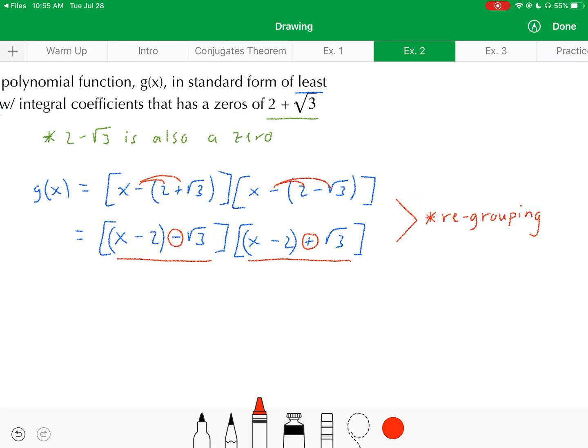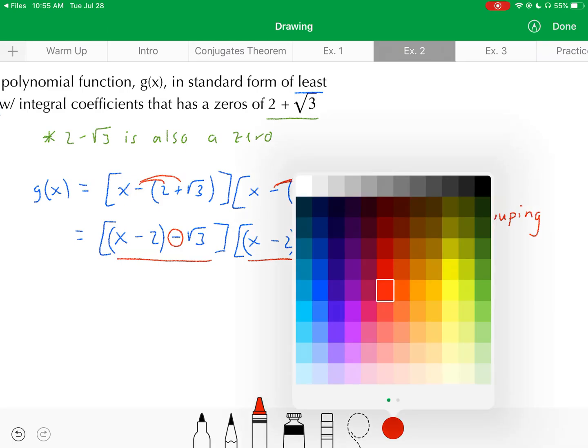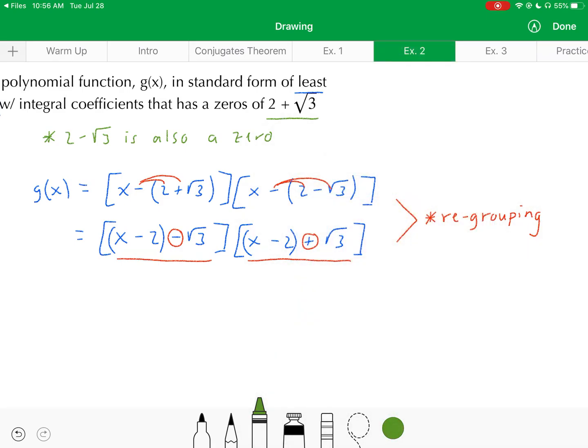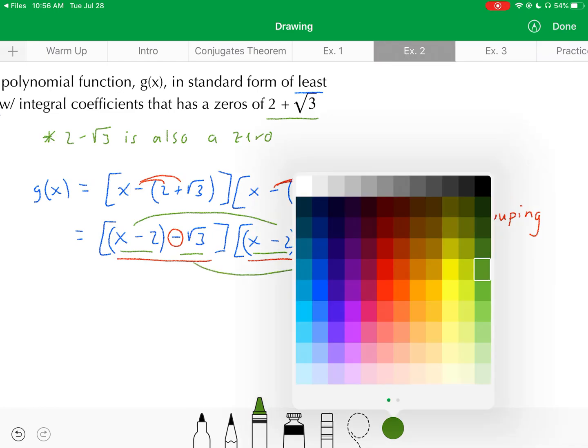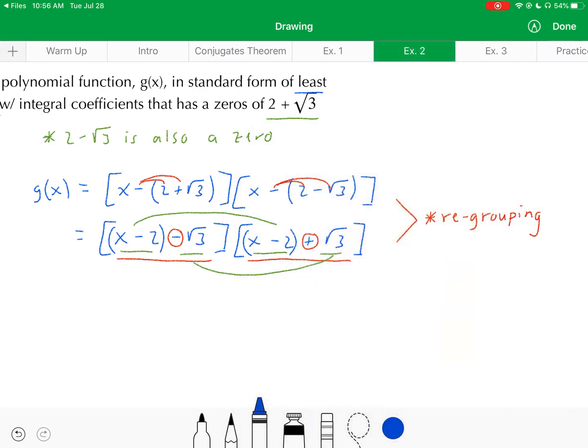So knowing that, that really means I'm only going to have to multiply out the first part of FOIL, which would be x minus 2 times x minus 2, and then the last part of FOIL, which would be negative radical 3 times positive radical 3. Okay, so here's what that'll lead me to. It'll give me x squared.